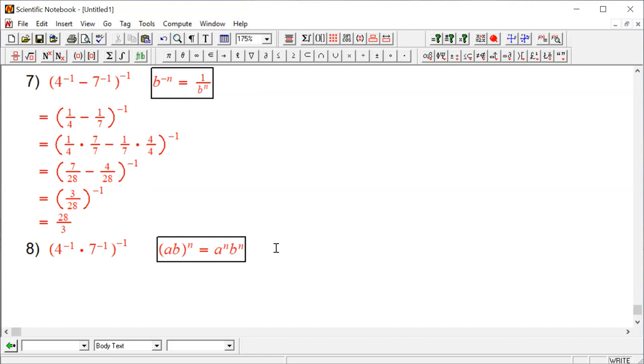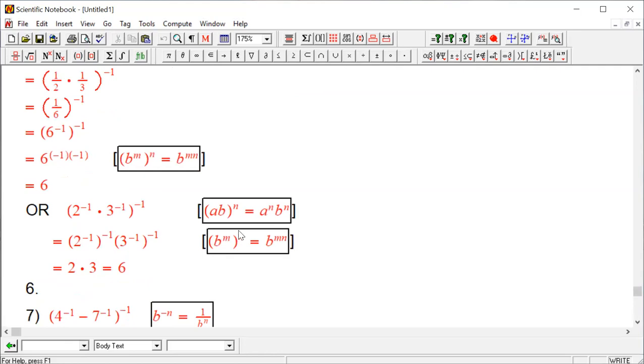And this will be the property I would use, right? So you're gonna have 4 to the power of -1, and then there's a negative power outside, multiplied by 7 to the power of -1, and then to the power of -1 equals 4 to the power of -1 and then to the power of -1.